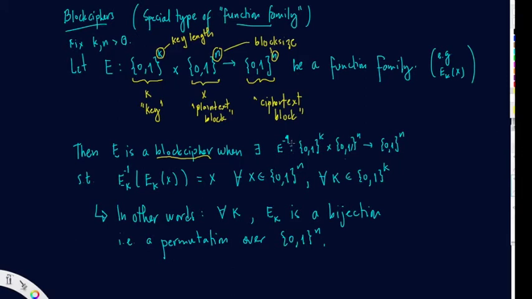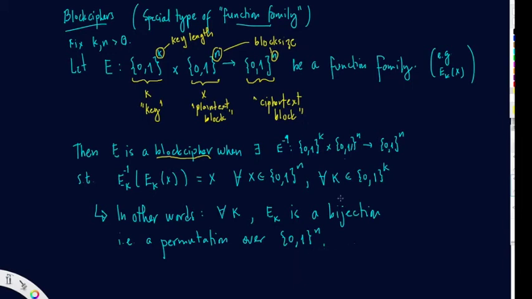In other words, no matter what key you fix, the mapping E sub k, the block cipher under the key k, is a bijection over the set {0,1}^n, so it's a bijection over its domain. The usual way we shorten that is to say that a block cipher is a permutation over its inputs for every key k. That's the short way to say a block cipher with the key fixed is a permutation.